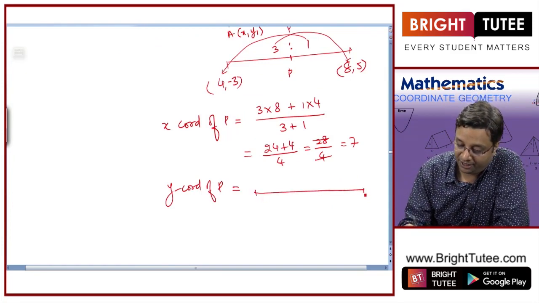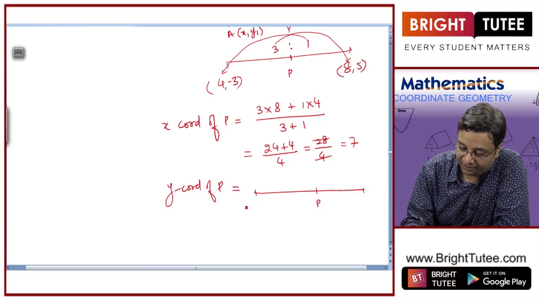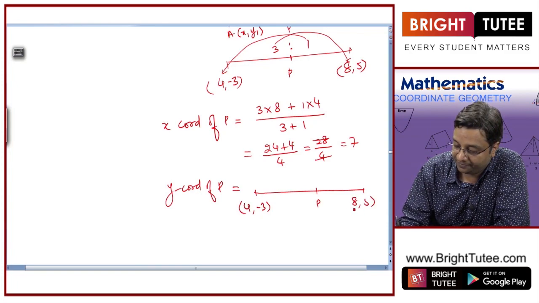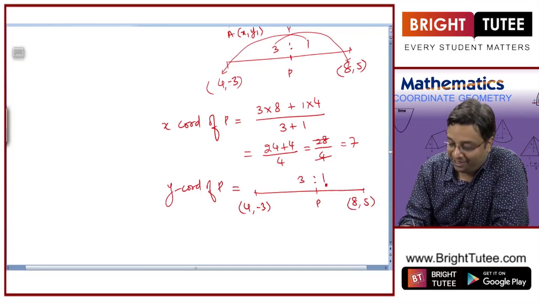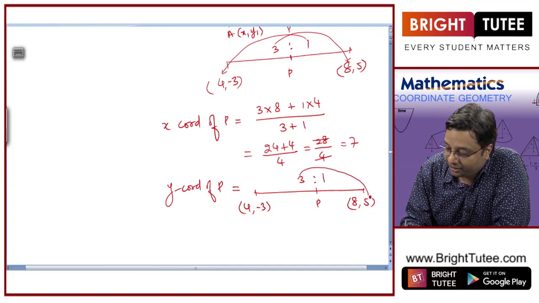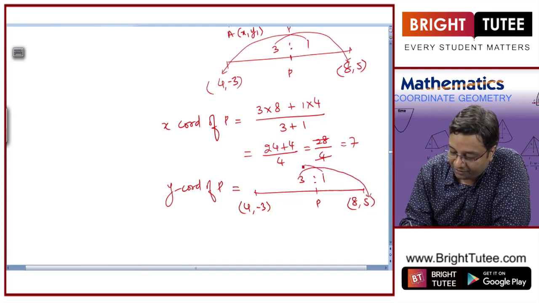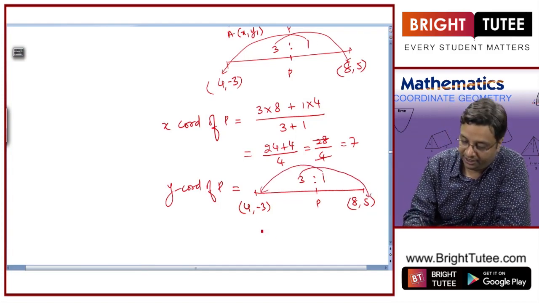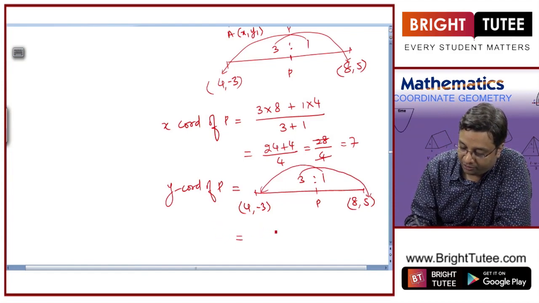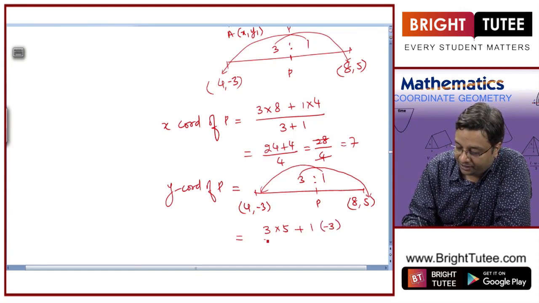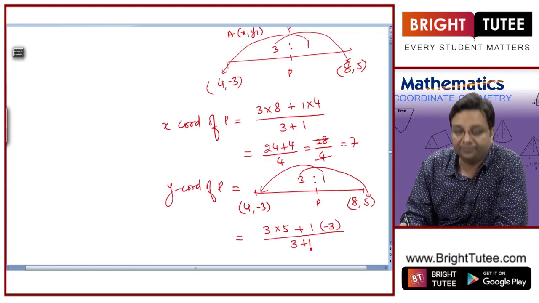Similarly, I can find the y coordinate of P. This time let me write the coordinates once again so that it is easier to visualize. 3:1. This time I'll multiply 3 with the y coordinate of this point and 1 with the y coordinate of this point. So the y coordinate of point P will be (3 into 5 plus 1 into -3) divided by 3 plus 1.